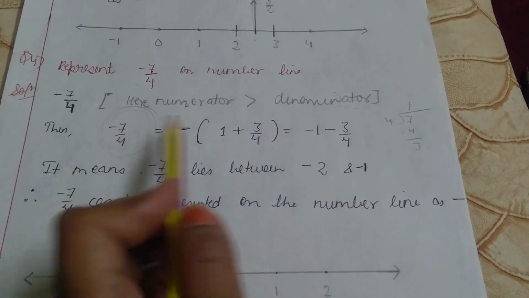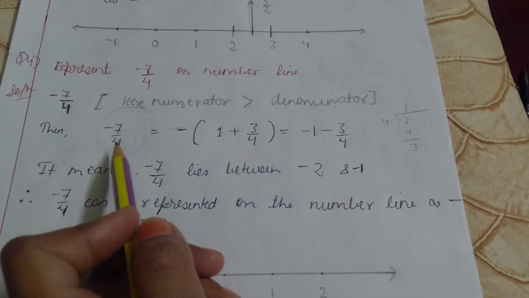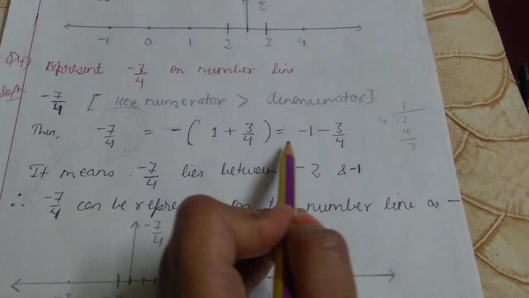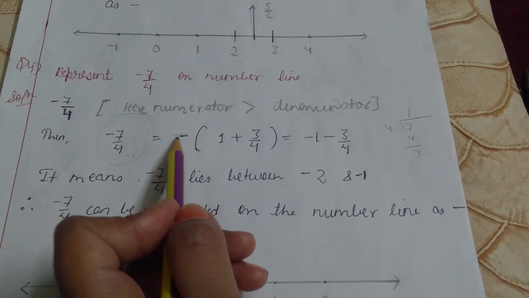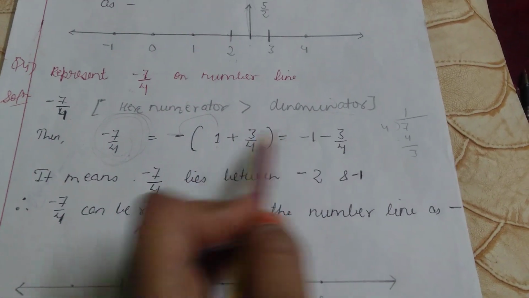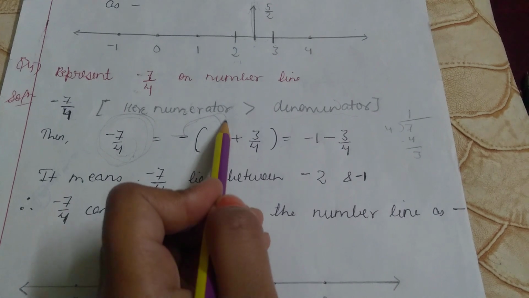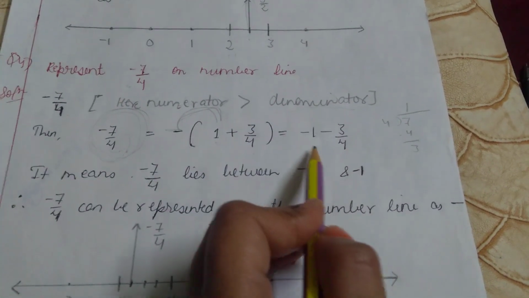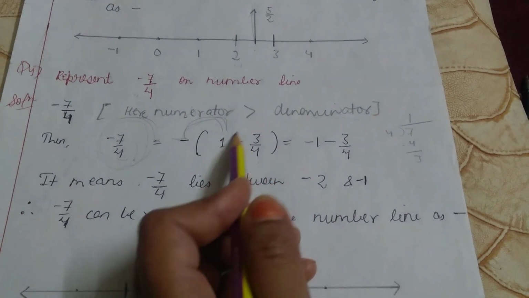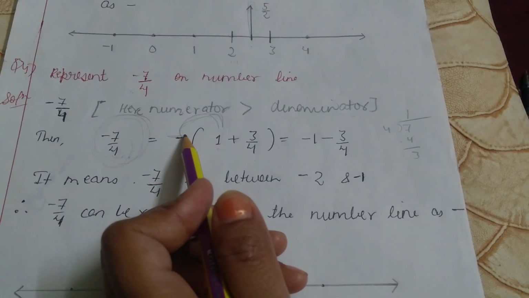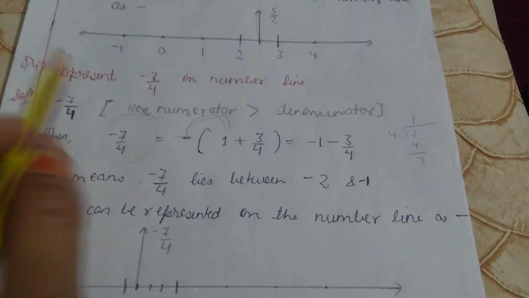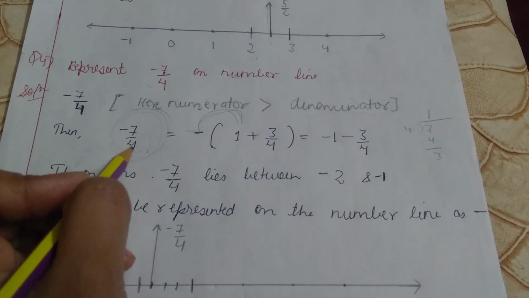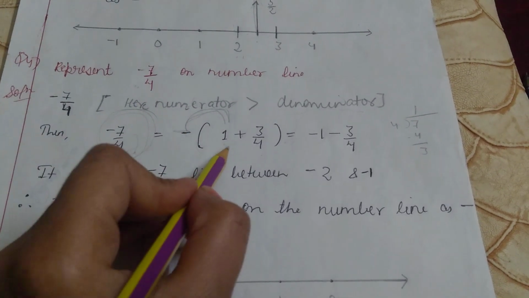Listen again. Minus 7 by 4 we have written in the mixed form.